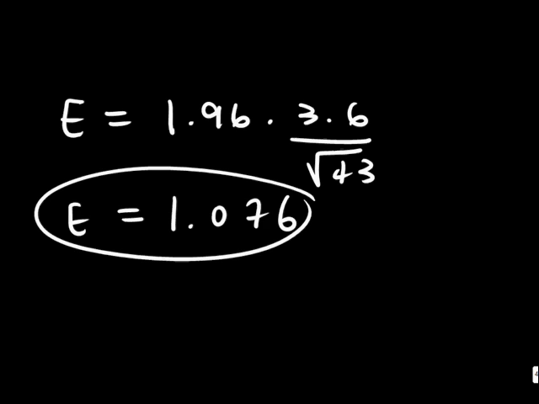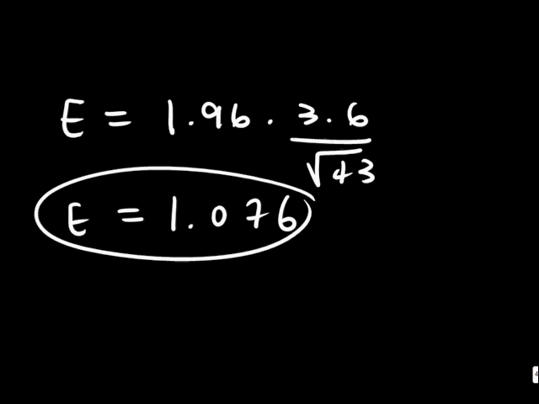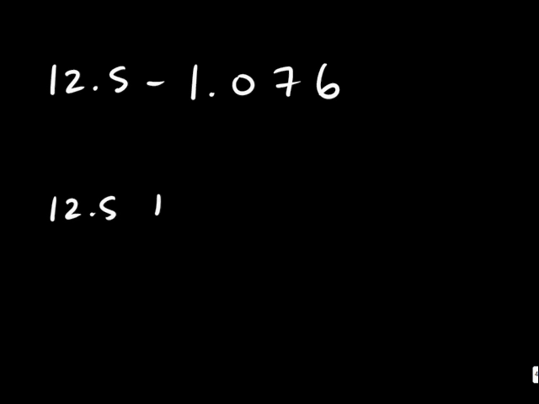So we have our mean, we have our error, we can answer the question. 12.5 minus 1.076. 12.5 plus 1.076.